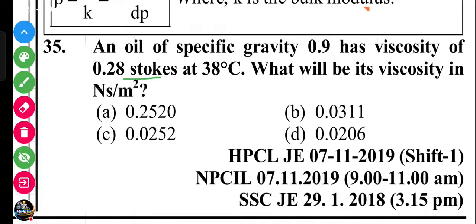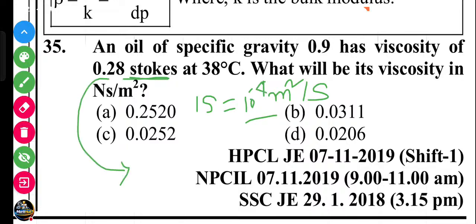One stoke is equal to how many meter square per second? It is 10 to the power minus 4. So first convert to meter square per second: 0.28 into 10 to the power minus 4.